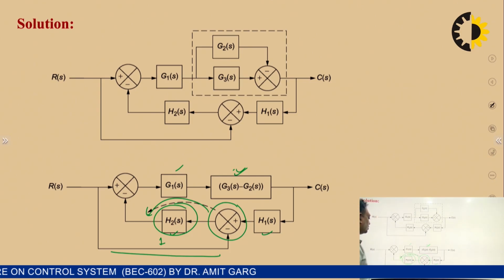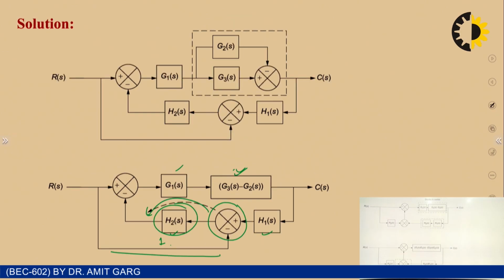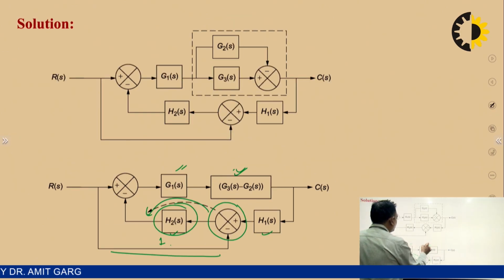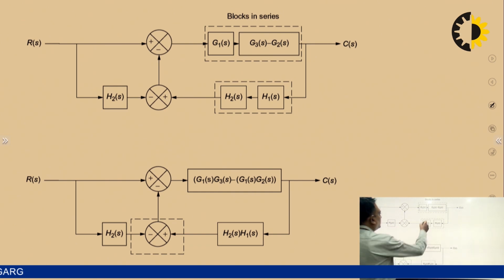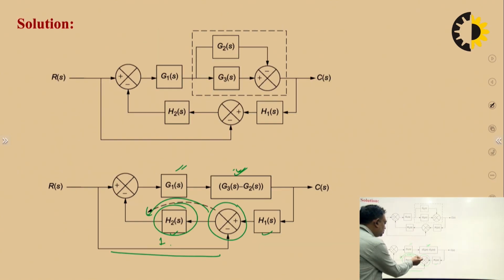So it will become H2(s). In the next step, we can see these two blocks are in cascade, blocks in series. Once you transfer this block from here to here, you can see H1(s) and H2(s) are in cascade.